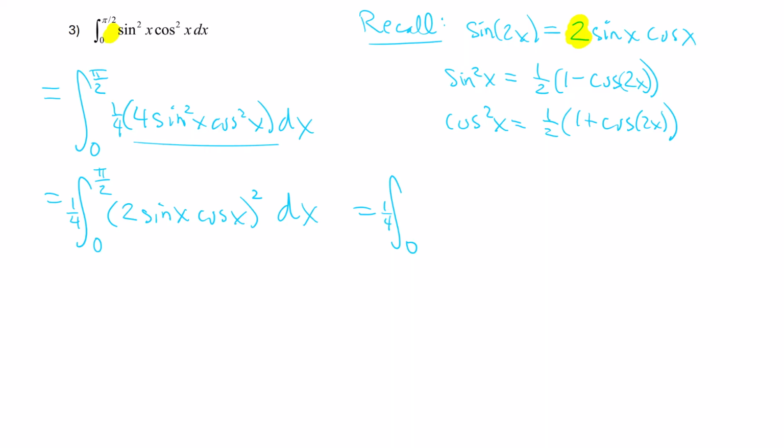So I could rewrite that as 1/4 the integral from 0 to pi over 2 of, now in the parentheses, which are squared, we really have the identity for sine of 2x. So it's really sine of 2x squared, or you could say sine squared of 2x dx. So that's a possibility, and then of course you can go further with that.